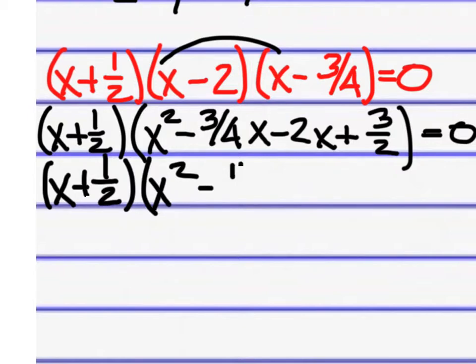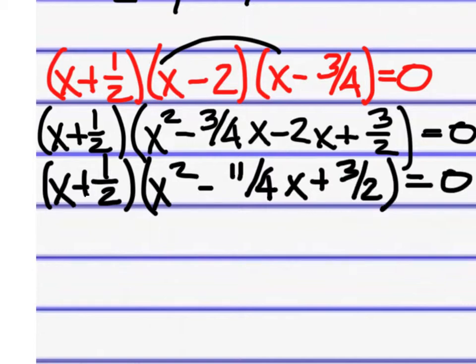So minus 11 over 4x, and then plus 3 over 2. So now you can do your last multiplication without having that extra term already in there. So we have to multiply x plus 1/2 times x squared minus 11/4 x plus 3/2.